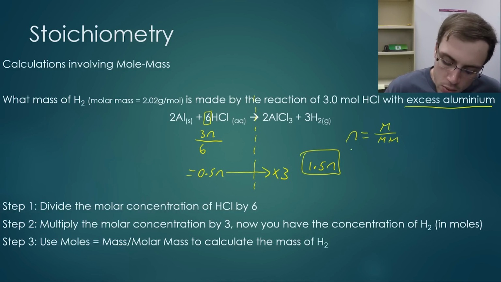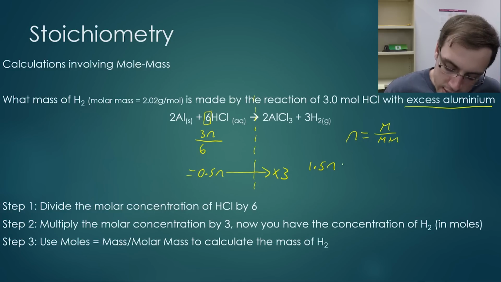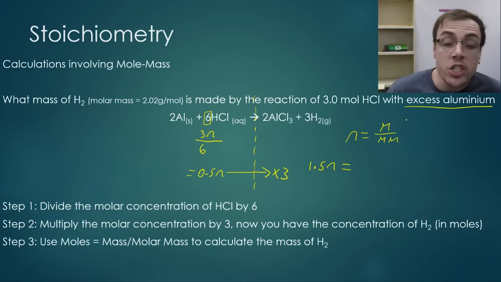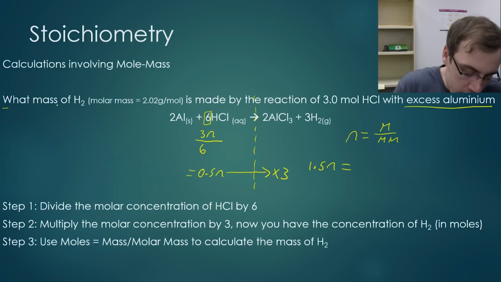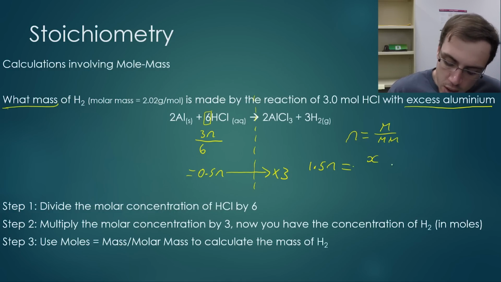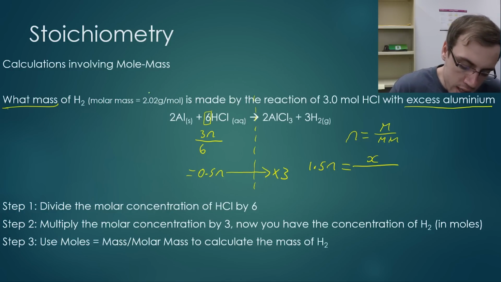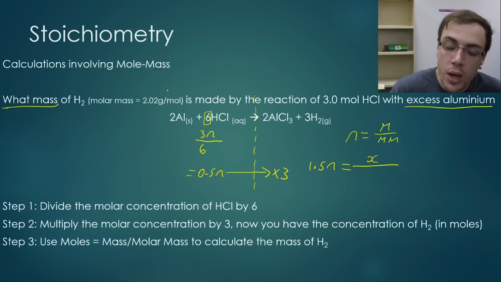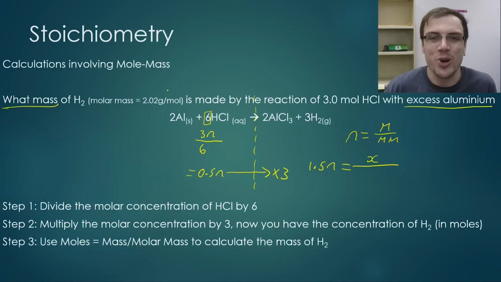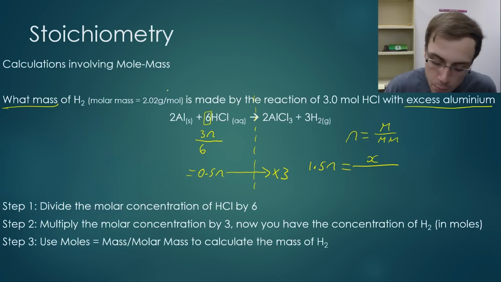We know the moles because we calculated that as 1.5, which is equal to the mass, which we don't know. That's what the question is asking for. So we're going to denote that as X over the molar mass. Now the molar mass has been provided for us here as 2.02. However, as you guys I'm sure are aware by now, we can also look up the molar mass on the periodic table.